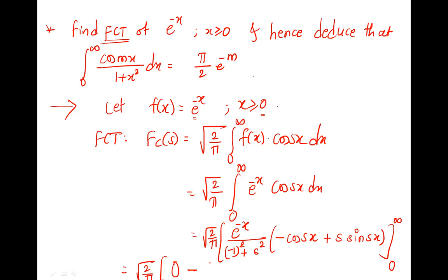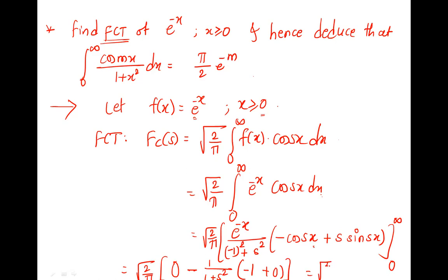So it is e raised to 0, that is 1, upon 1 plus s square into cos 0, which is 1. You are writing x as 0, right? So cos 0 is 1. There is a negative sign, so minus 1, and sine 0 is 0. This minus minus becomes plus.